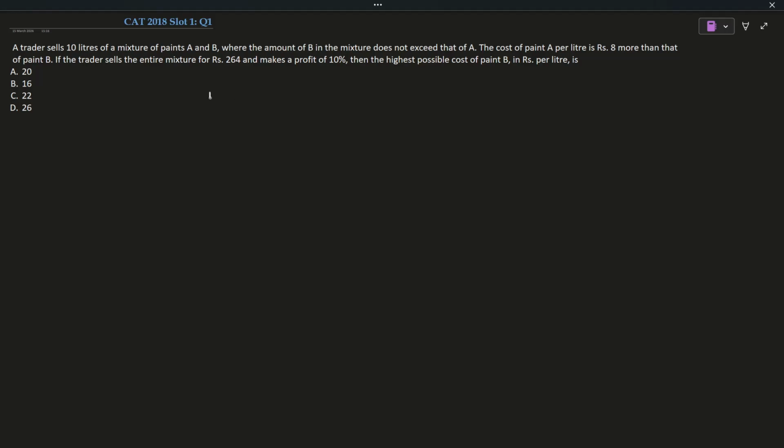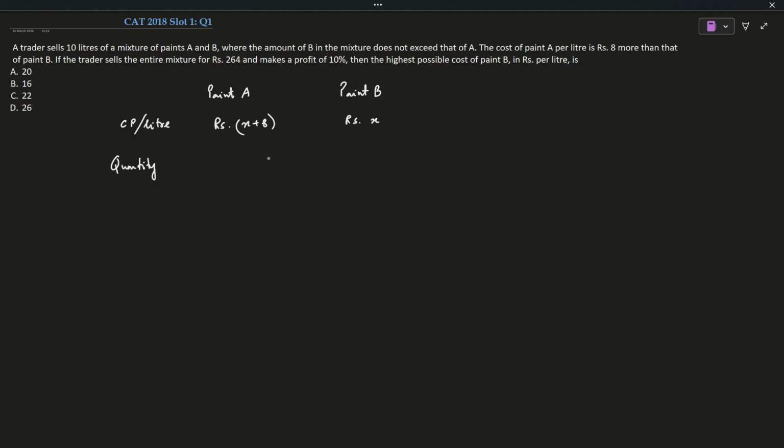Okay guys, so I have paint A and I have paint B. This is the cost price per liter. Let's say the cost price per liter is rupees X for B, so for A it will be rupees X plus 8.